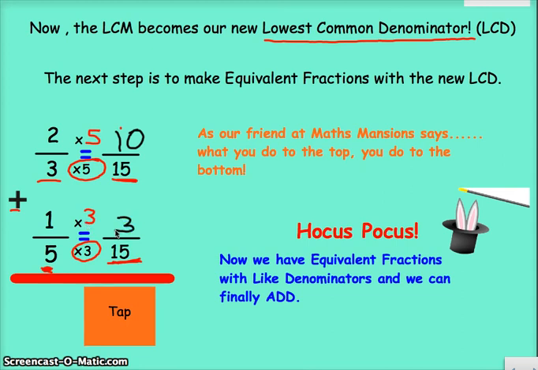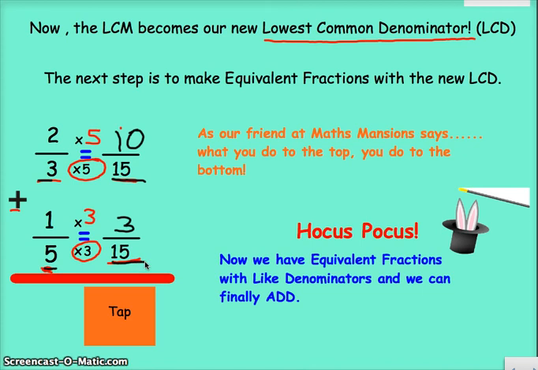And now my 2/3 plus 1/5 becomes an entirely new problem that is 10/15ths plus 3/15ths, with 2/3 being equivalent to 10/15ths and 1/5 being equivalent to 3/15ths.